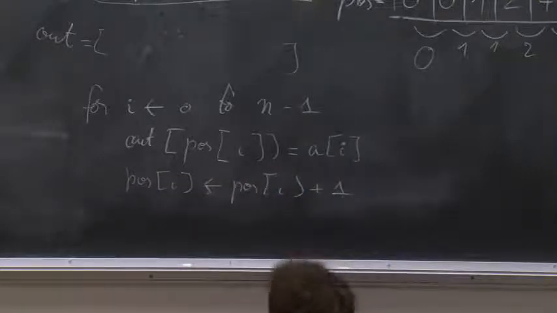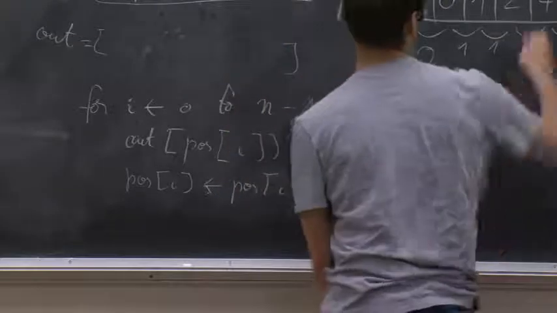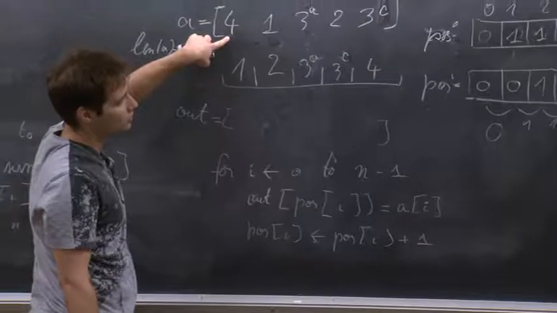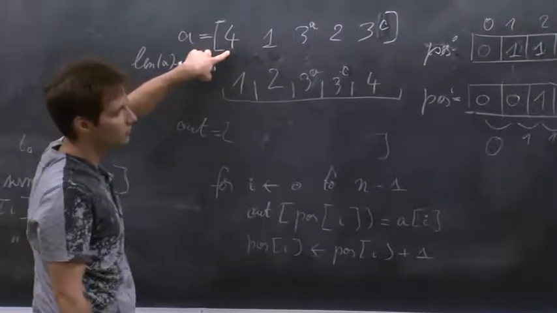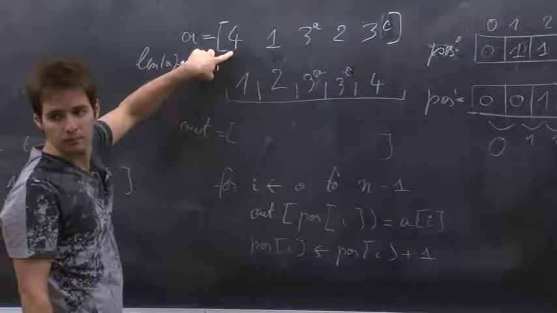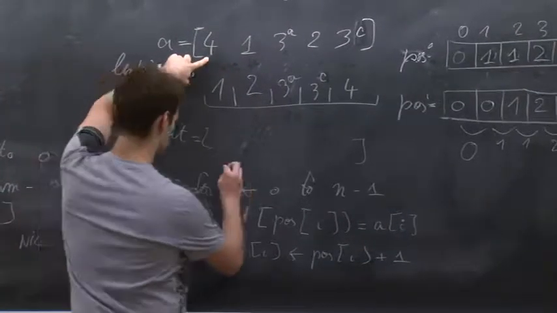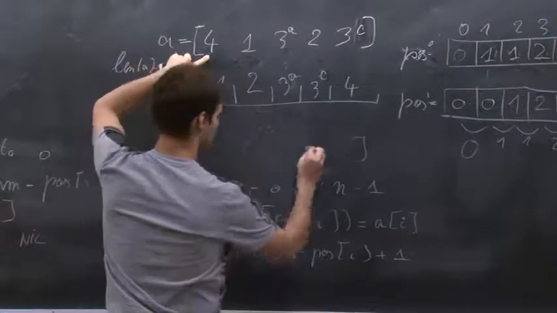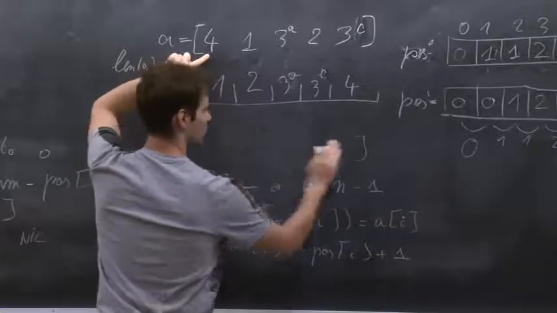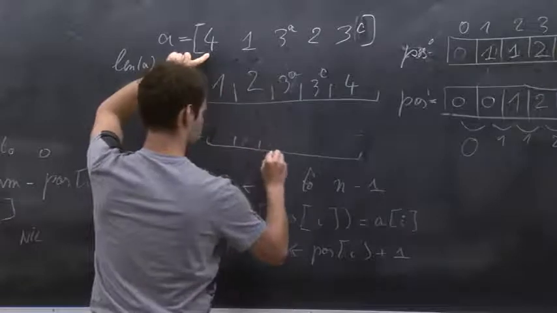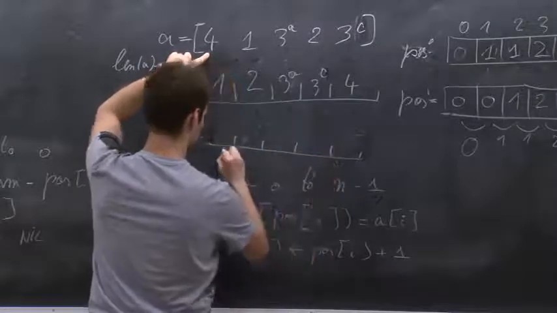Okay. So how would this work? I have this array here. I start at 4. What's pos of 4? 4. All right, so I'm going to write this at position 4. I should probably make this a proper array: 1, 2, 3, 4, 5.